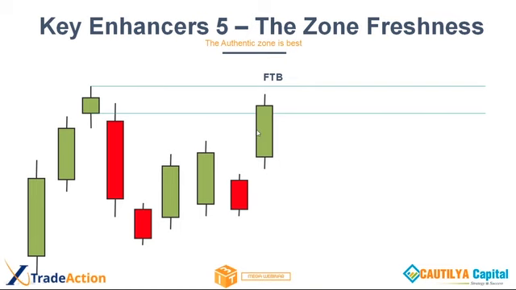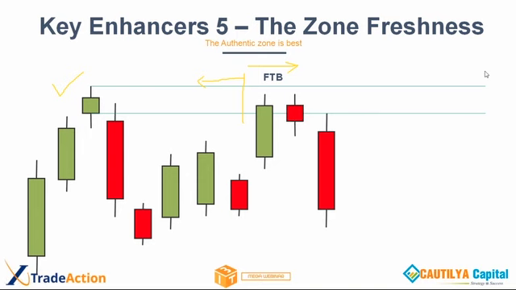The first time the price has come back into the zone that was created here, and the zone is fresh until it came to this point. And after that, is it fresh? No, it is a tested zone. And then what happens? The price reacts from that point.